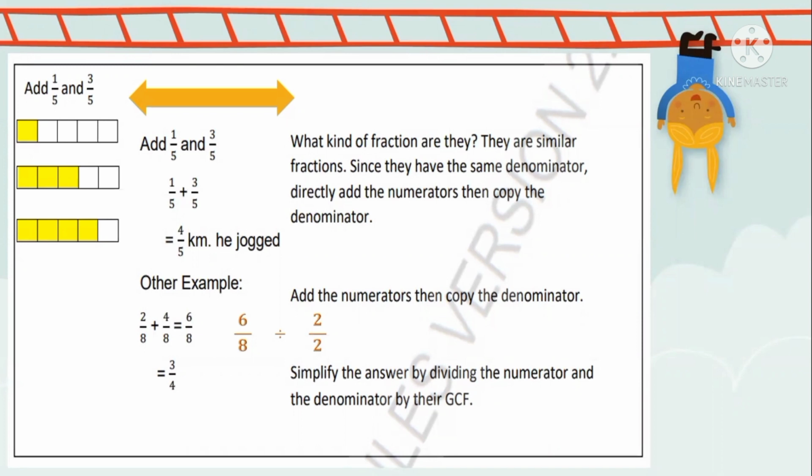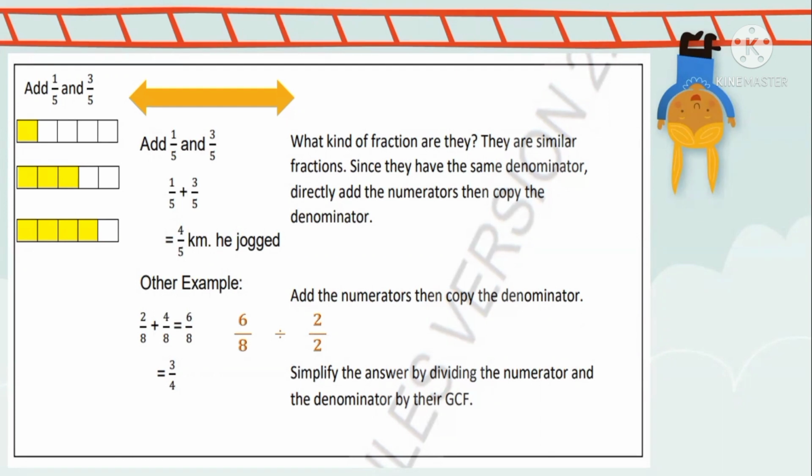And the third represents the answer. Try to observe the rectangles are commonly divided into 5 equal parts. So if one part is added to 3 parts, it gives us 4 parts. So 4 out of 5 divisions.